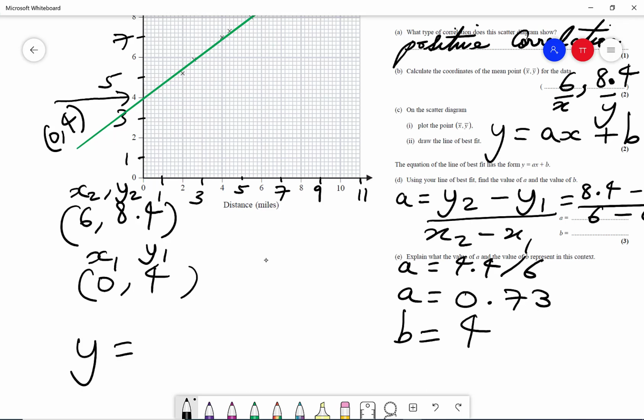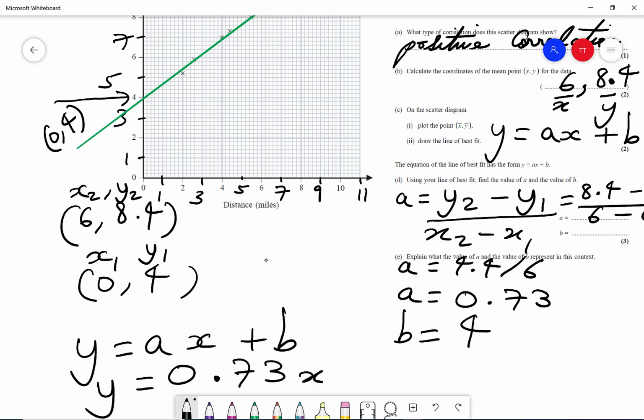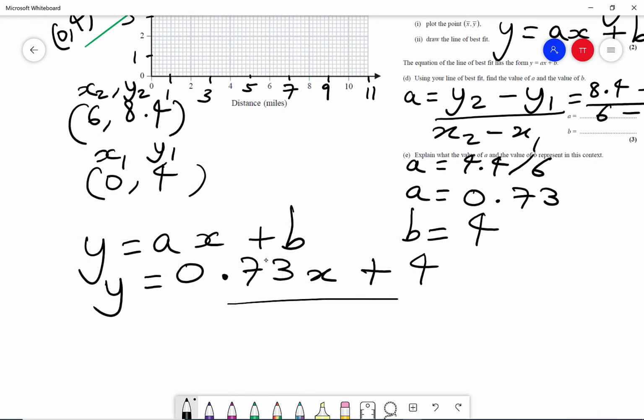So the equation of the line of best fit is ax plus b. Well, I know what a is. a is 0.73, so it's going to be 0.73x plus the y-intercept, which is 4. So that is the equation of the line of best fit.